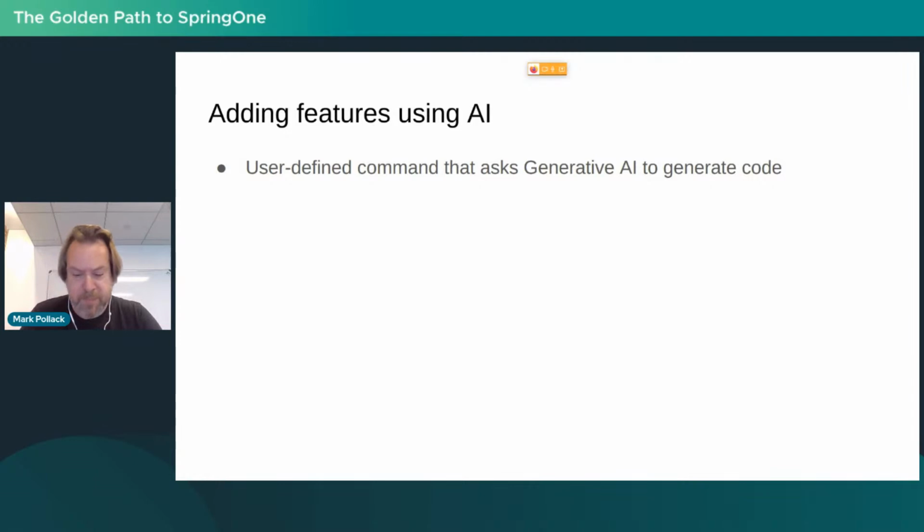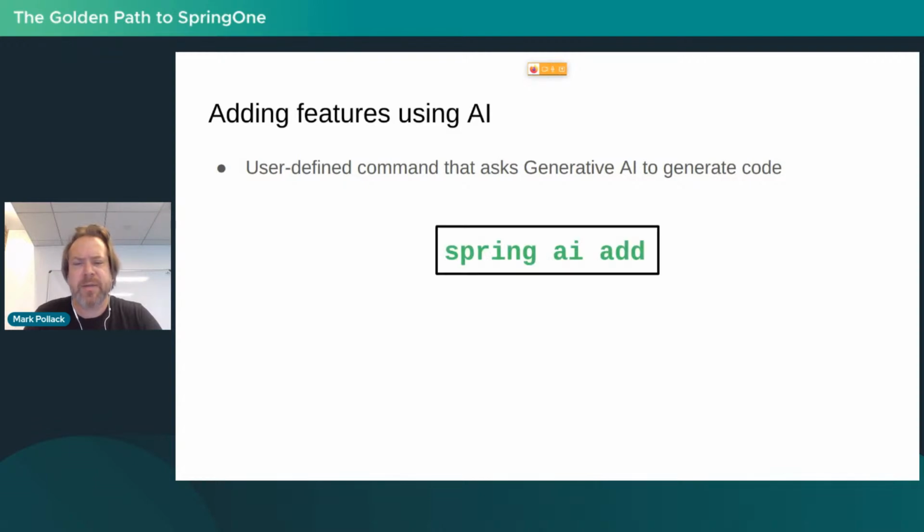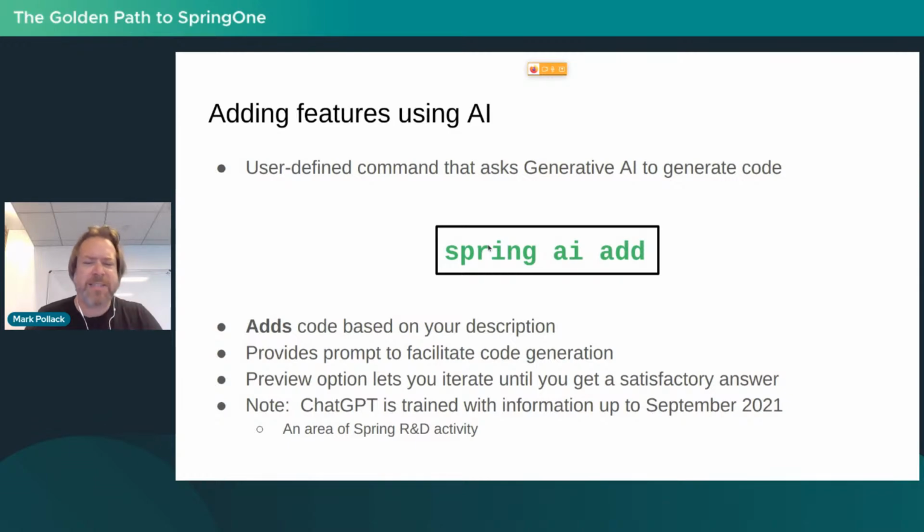Not perfect, but I think we can get it to be pretty perfect over time for creating code that really meets your specific use case and not necessarily the ones that we've pre-thought out ahead of time, like we've done with the Getting Started guides. So you can use this command, spring ai add. It adds code based on what you describe, and we'll show you an example of this in a moment.